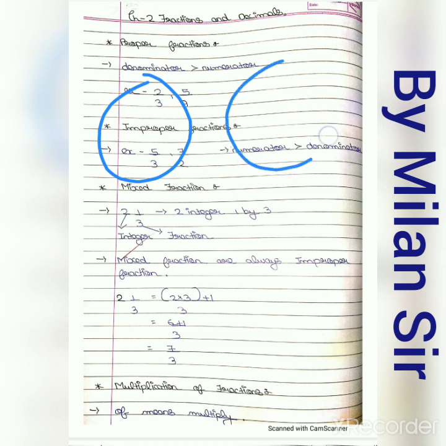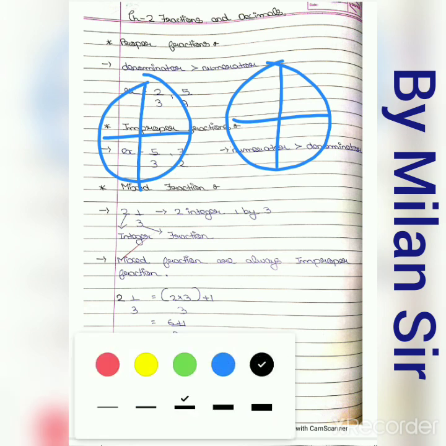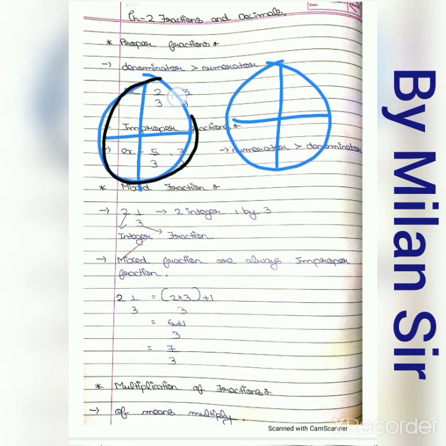That means if we have 2 figures, I am dividing this circle into 4 parts. Okay, so total here if we consider all these 4 parts of the first figure, and if we consider this one part of the second figure, right?